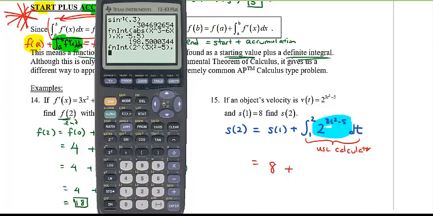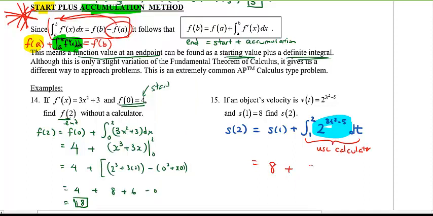Comma our variable x. Comma our starting or left limit 1. And our right limit or our upper limit 2. Close the bracket. Press enter and let it do its magic. 16.502. Perfect. So our final answer for s of 2 is 24.502.